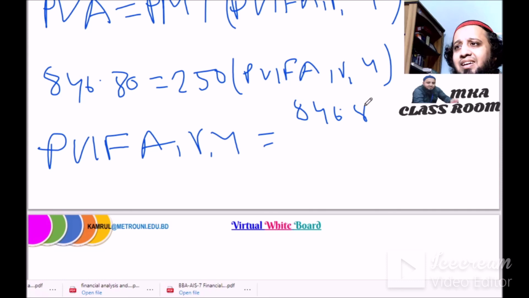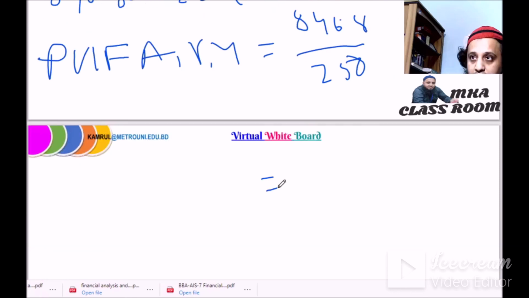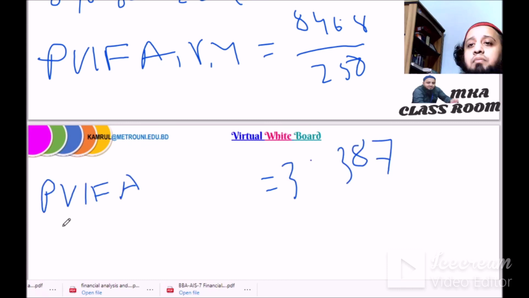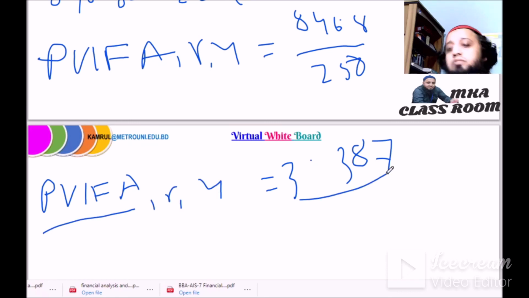So the result would be 846.8 divided by 250, 3.387. So we have to find out this value in the table, present value interest factor annuity at the 4-year period. Then we will solve this problem.